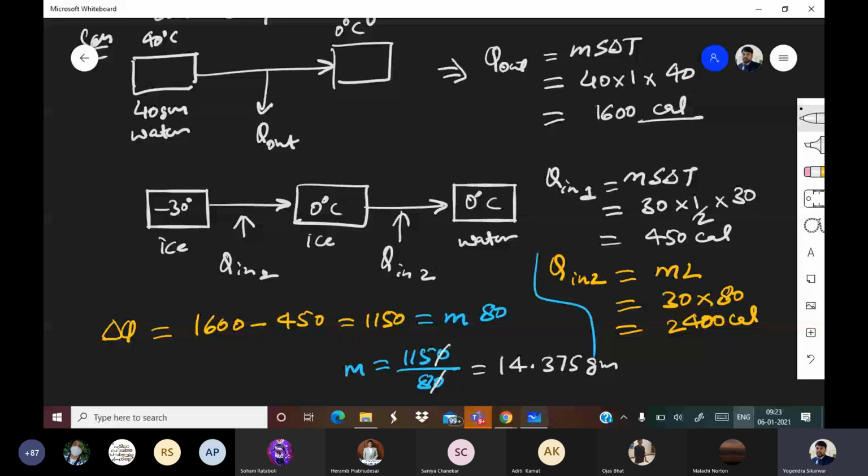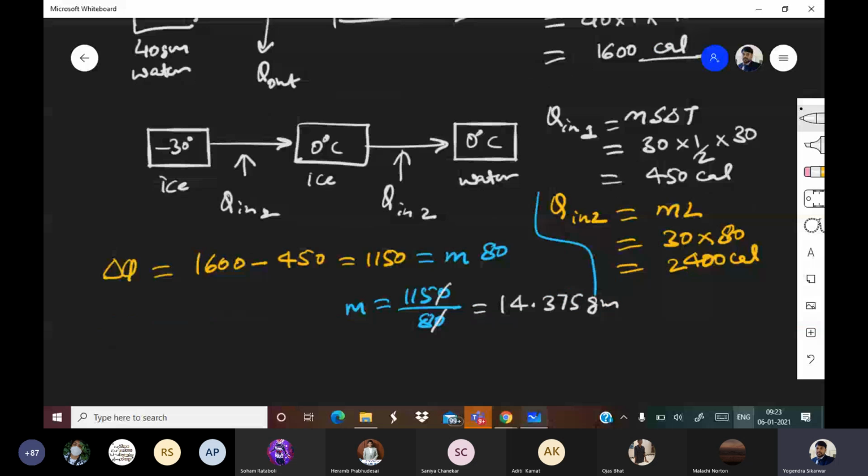So how much ice is left? That will be 30 minus this.